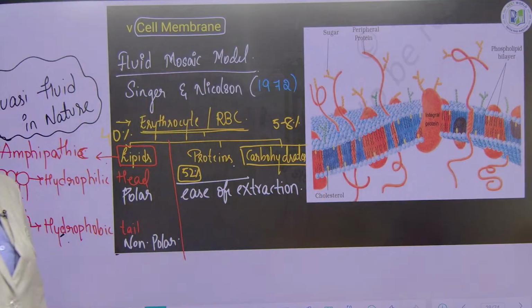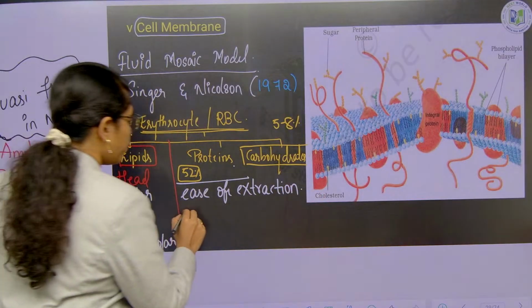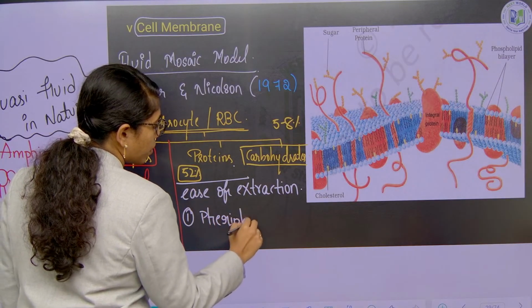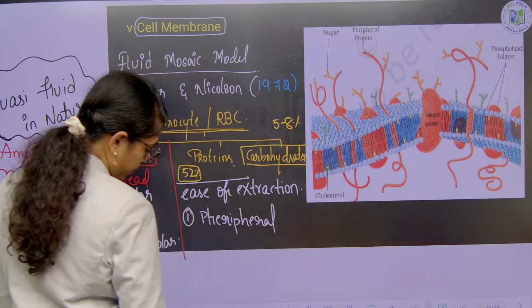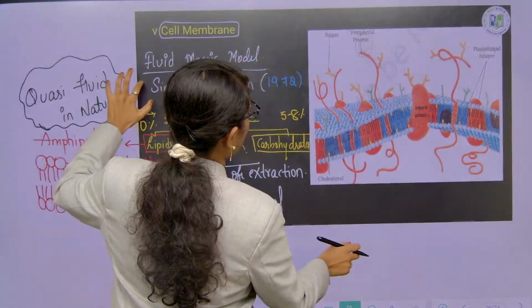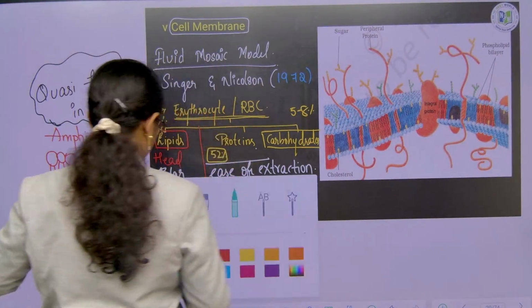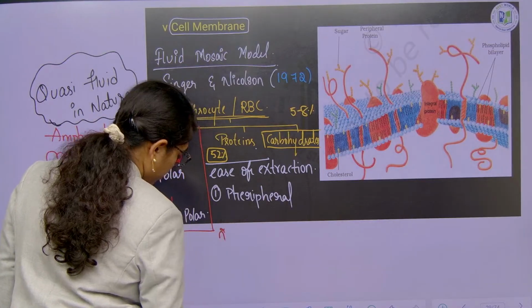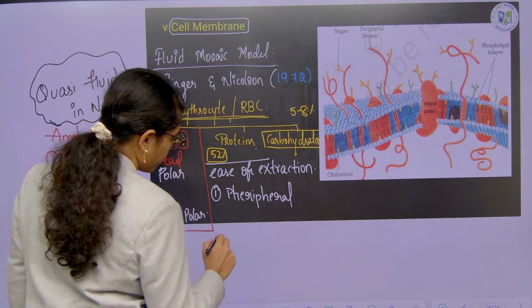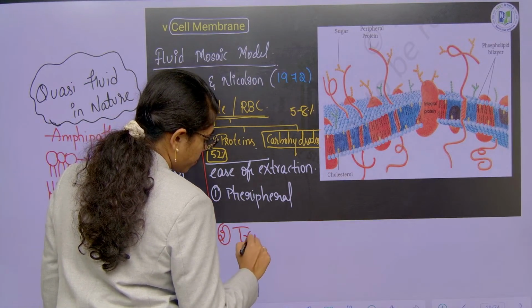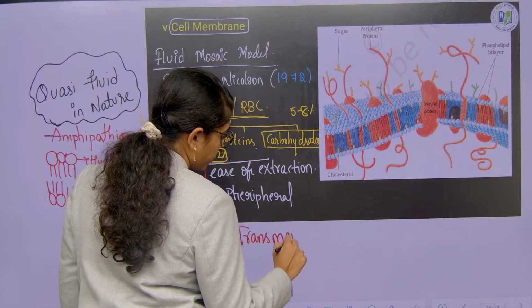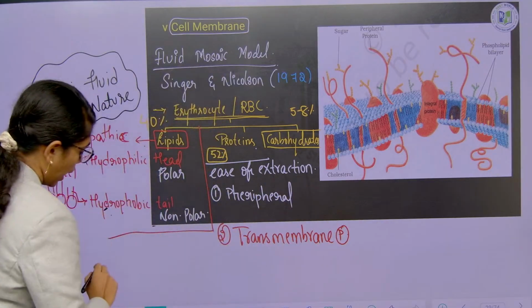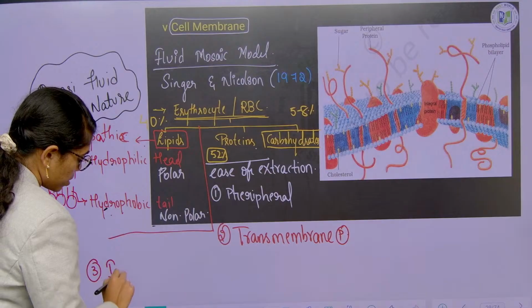On the basis of ease of extraction, proteins are classified into first peripheral proteins, second transmembrane proteins, and third integral proteins.